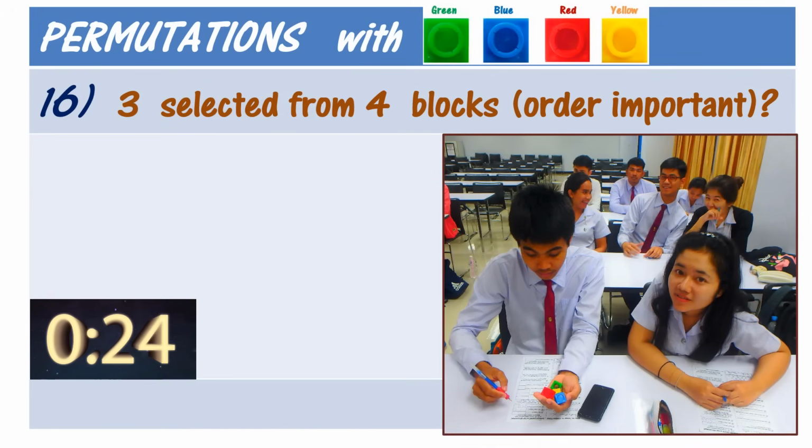And now, if I want to select 3 from 4 blocks, and order is important, well, that's 4p3. Well, if you just use the method I explained, you can very easily get the answer.